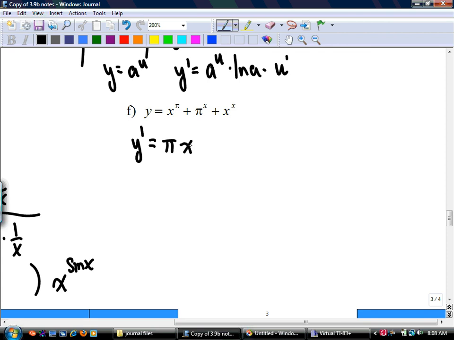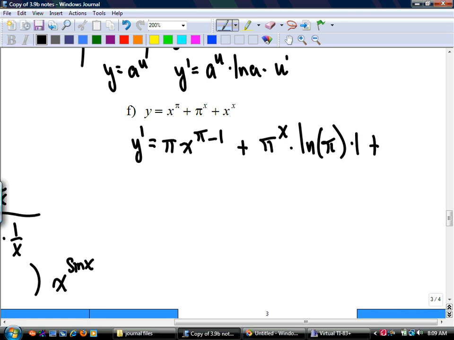Pi x to the pi minus 1. What's the derivative of pi to the x? Pi to the x times ln pi times 1.